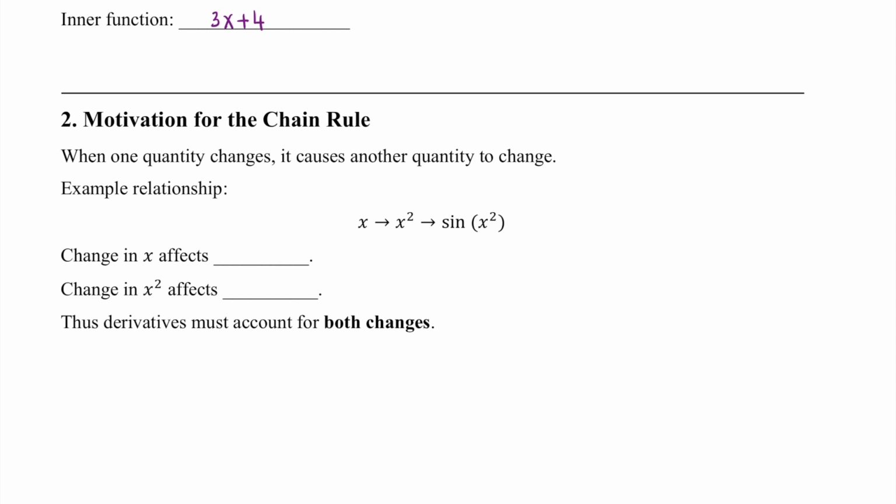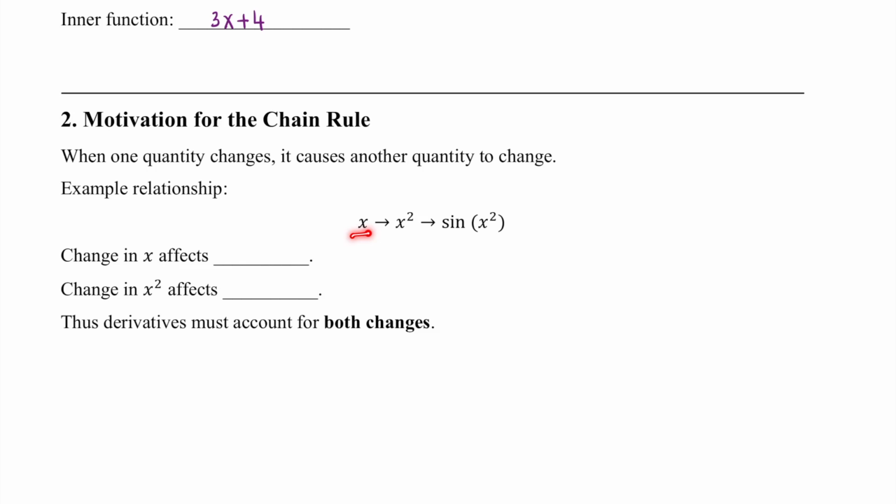Now, let's talk about why we need the chain rule. In many situations, when one quantity changes, it causes another quantity to change. For example, look at this chain of relationships. Here's what is happening step by step. First, x changes.